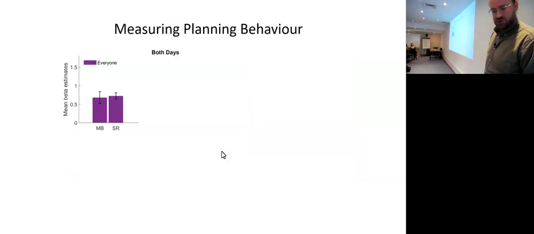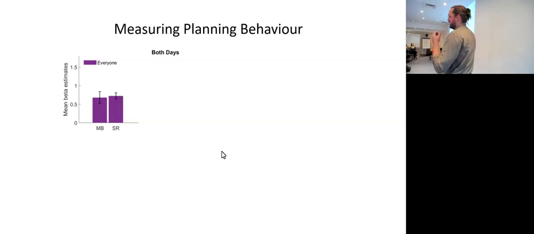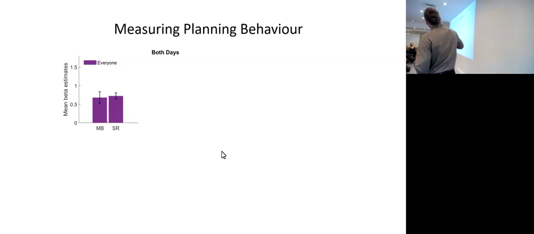Okay. So what we find, first of all, is that when we look at everyone, there's a super strong component both of model-based planning and of SR planning. That is to say, there's this hybrid at play, where they're employing strategies that are capable of both transition and reward revaluation and strategies that are capable only of reward revaluation. And as you can see, there's a lot more variance across participants on the MB estimate.